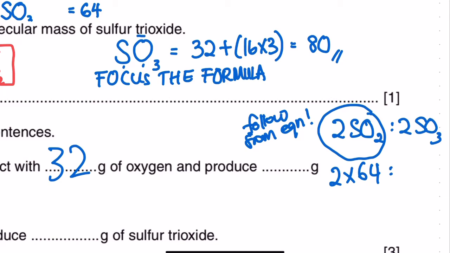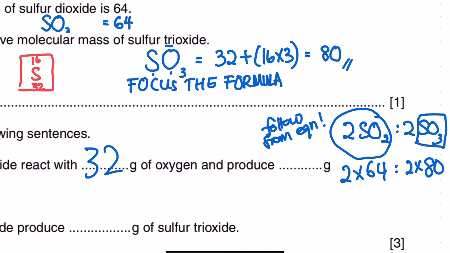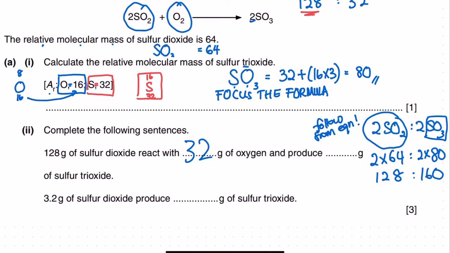So that SO3 is 80. Not to forget the 2 in front, we need to multiply with 2. Work it out in your calculator, you get the value 128 to the ratio of 160. So let's zoom out to see the question. 128 gram of sulfur dioxide, yes, correct, will produce how many grams of sulfur trioxide? This is sulfur trioxide. So the amount is 160 gram.